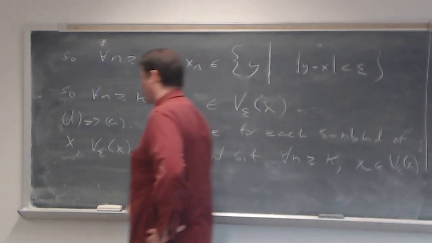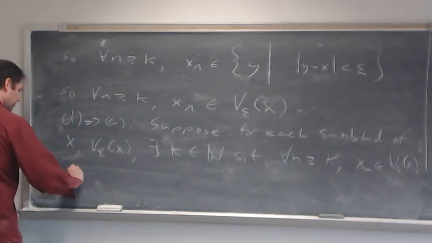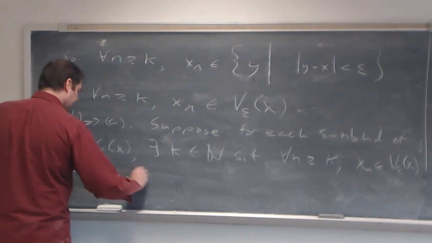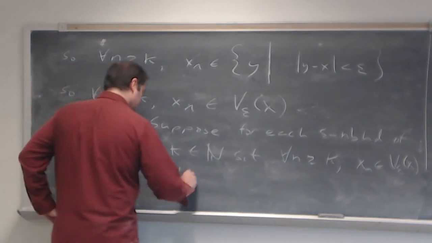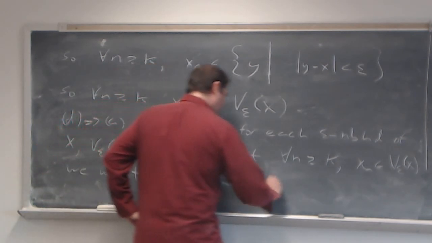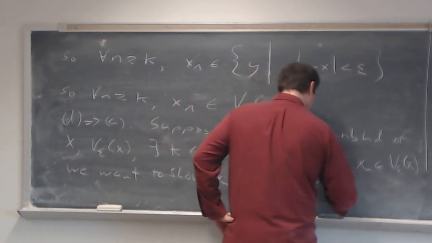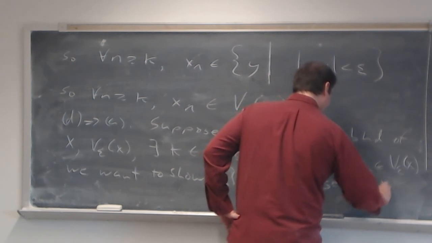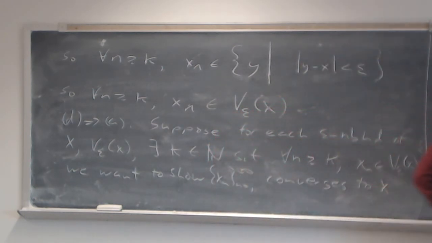That's what we're assuming. That's part D. What do we want to show? What was A? We want to show that the sequence x sub n converges to x. That's what I want to show.